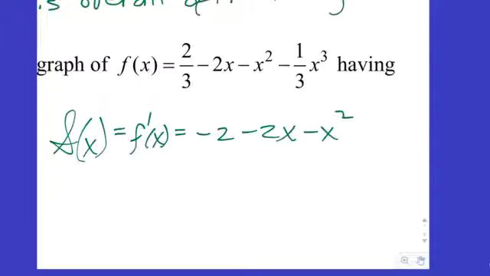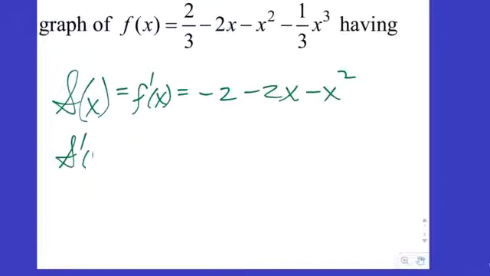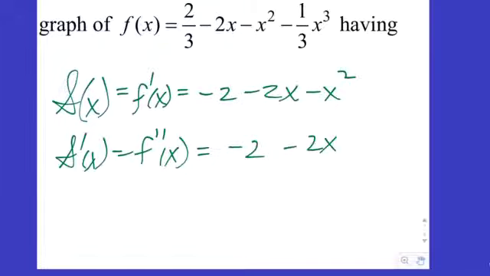Well, I know that this is a parabola that opens down, so I know that there is going to be a maximum. Maximums for any function can occur at critical values, right? So now I need the critical values of my slope function. So S prime of x, which ends up being f double prime of x, is equal to negative 2 minus 2x.